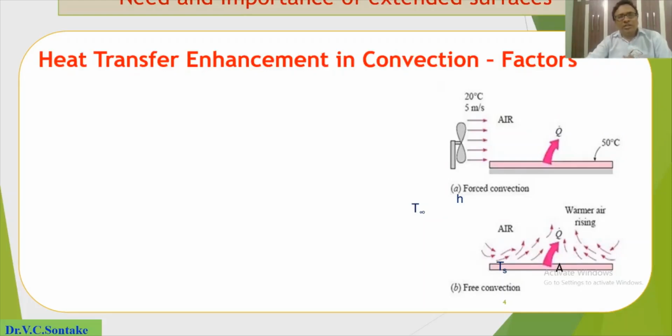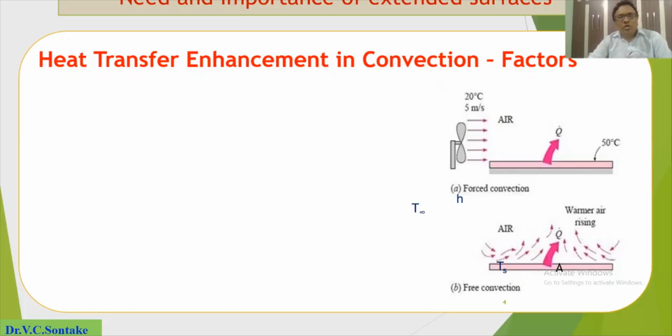In order to understand the importance of extended surfaces, let us first discuss heat transfer enhancement in convection and the factors upon which the heat transfer rate enhancement in convection depends. We know convection is the mode of heat transfer by which heat transfer takes place between a solid surface and fluids and between two layers of fluid.